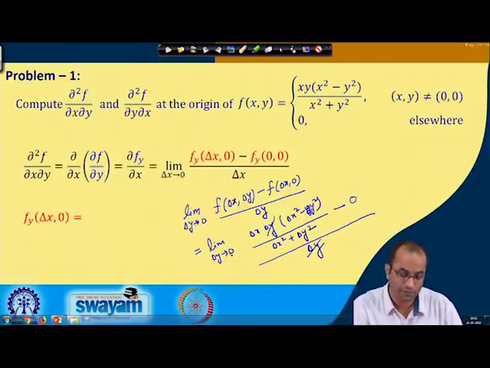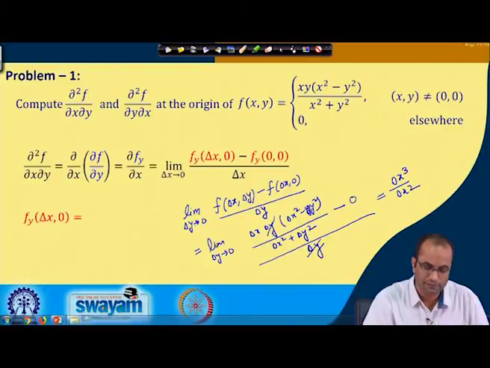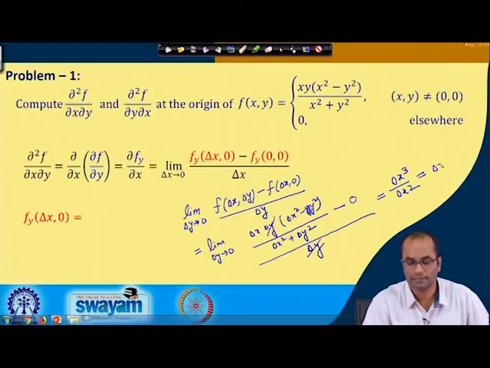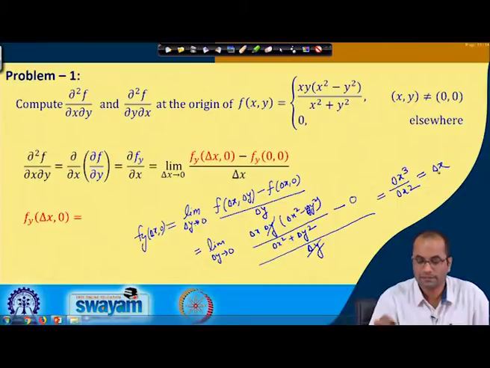When we take the limit delta y goes to 0, those terms become 0, and we get delta x cubed over delta x squared, which is delta x. So this is f_y(delta x, 0), which we have computed as delta x.